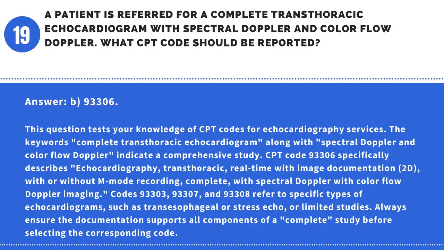Codes 93303, 93307, and 93308 refer to specific types of echocardiograms, such as transesophageal or stress echo, or limited studies. Always ensure the documentation supports all components of a complete study before selecting the corresponding code.